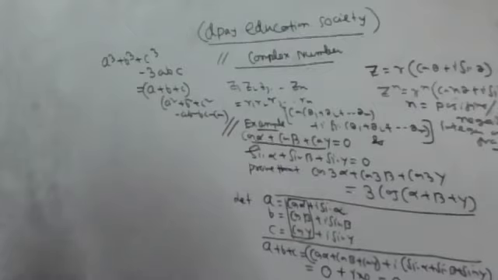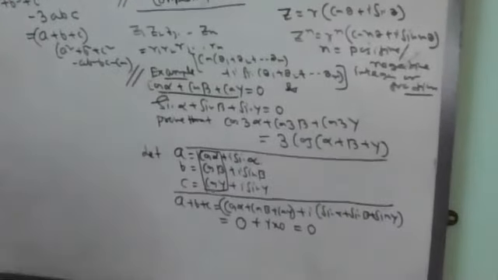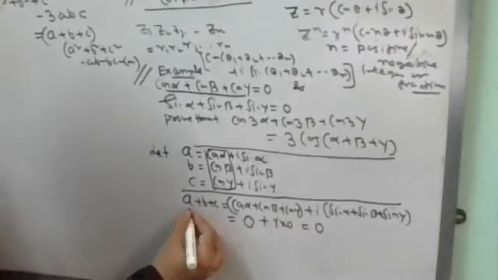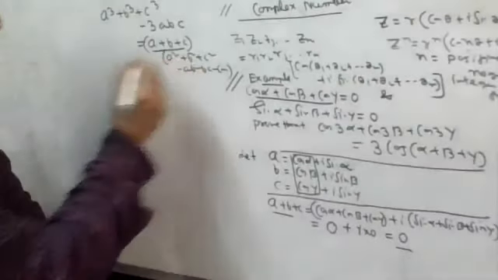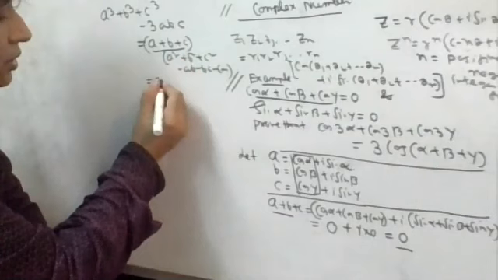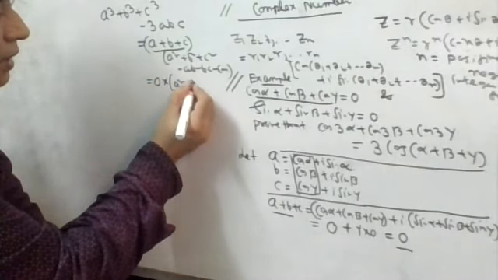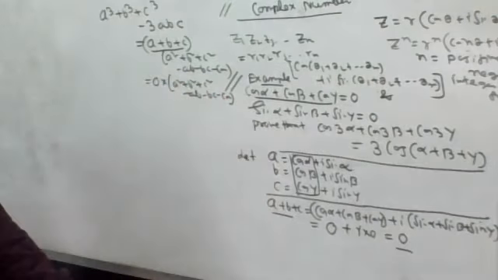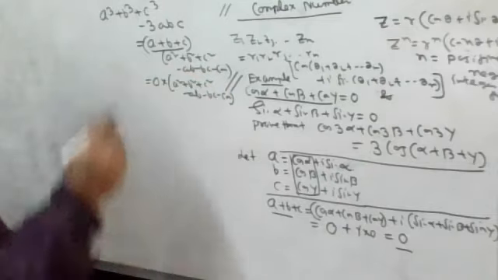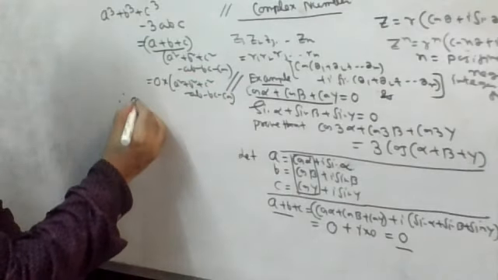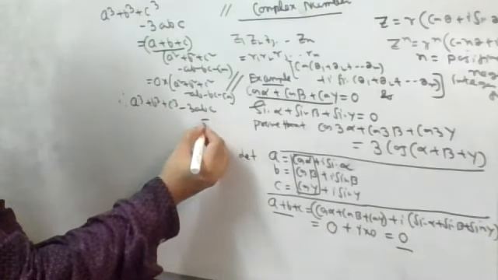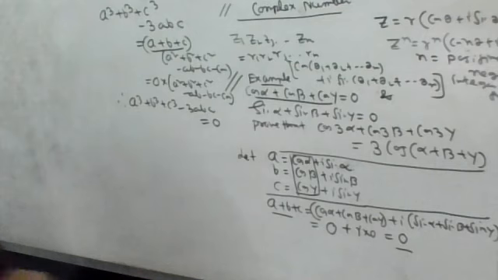Few minutes back, we have got the result A plus B plus C is equal to 0. So you put 0 over here, 0 into A square plus B square plus C square minus AB minus BC minus CA. The whole thing will become 0, and you will get A cube plus B cube plus C cube minus 3ABC is equal to 0.